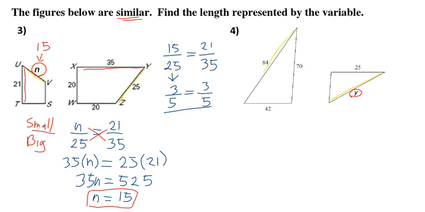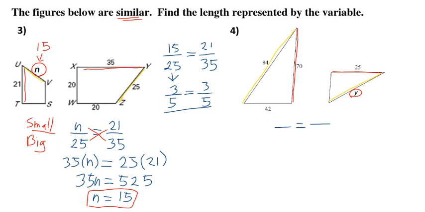Those are one pair of corresponding sides. And then we have 25. That's the medium side in the second figure, so it has to be 70 here. And then we just write our proportion using corresponding sides.